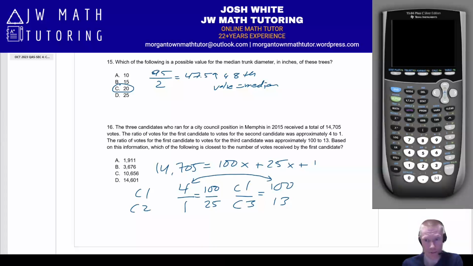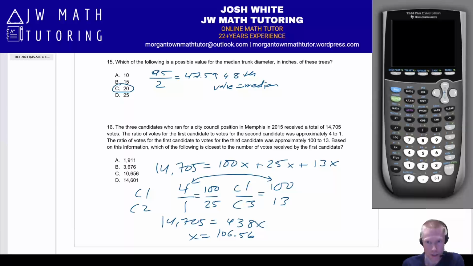And for candidate 3, we have 13 votes times some scale factor. Now you can solve this equation. It's going to be 14,705 equals 438x. If you divide, x comes out to be 106.56.